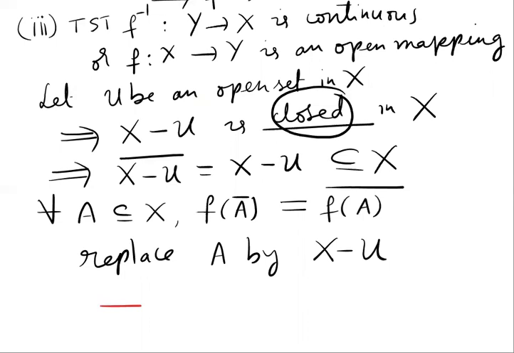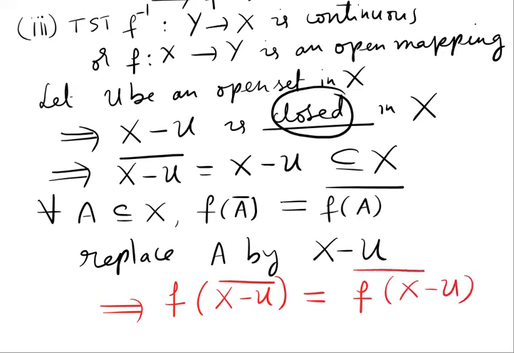That implies, now wherever A is there, we are replacing. So F as it is. In the place of A, I am putting X minus U. Bar remains as it is, equal to F of X minus U whole bar. Right? And what is X minus U bar?